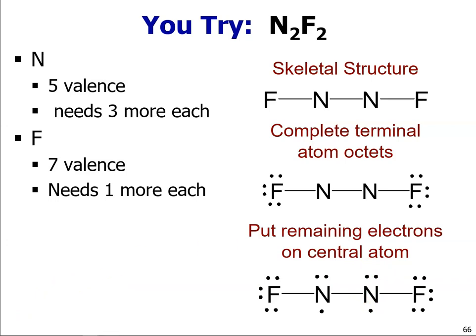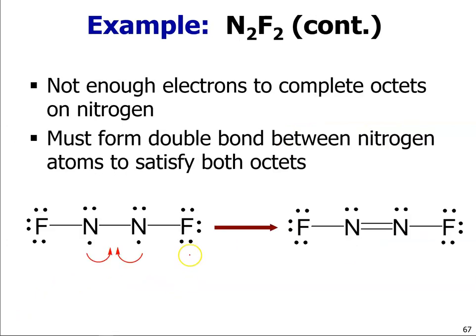All right, so how can we create an octet for this current structure? Well, there are not enough electrons in this form. So what we have to do is create a double bond between the nitrogen atoms to satisfy the octet. So we take these lone electrons here and we combine those to form a new bond between the 2 nitrogen elements, and then we have a double bonded nitrogen here.